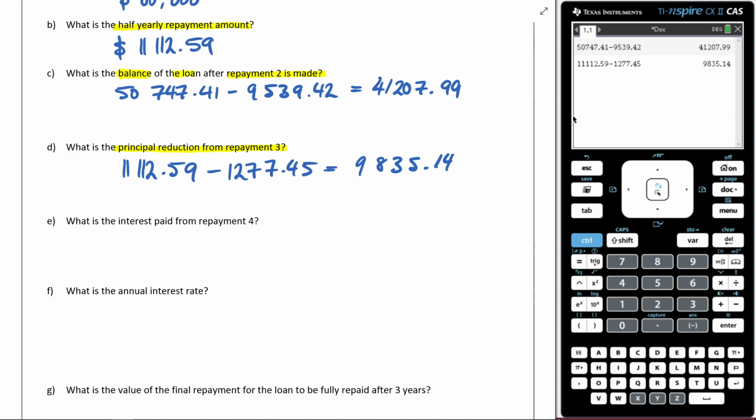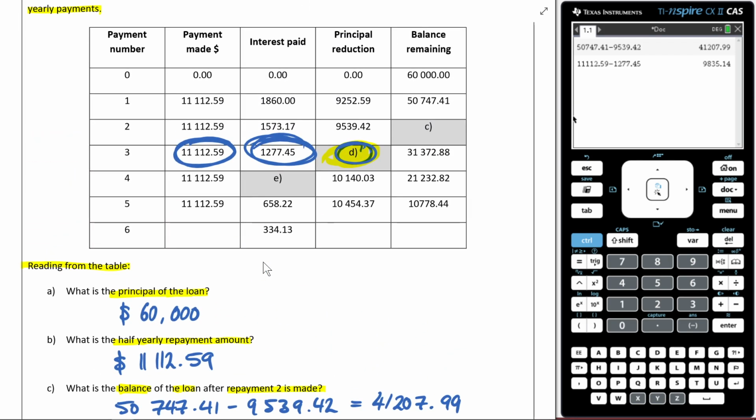Next, it says, what is the interest paid for payment 4? All right, so let's come back to this. We now want how much interest have I paid for payment number 4? To figure this out, what I would probably do here is I would take the payment that I made, so this is the payment, and I would look at my principal reduction.